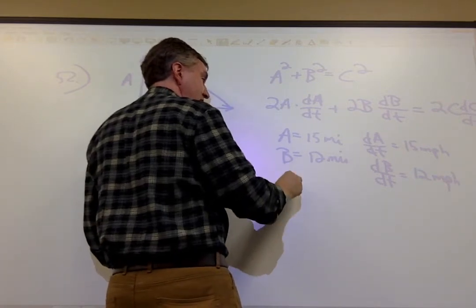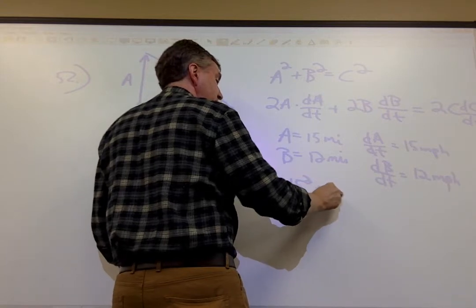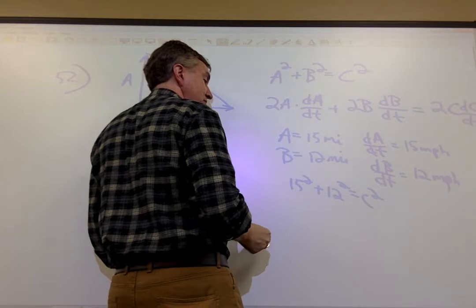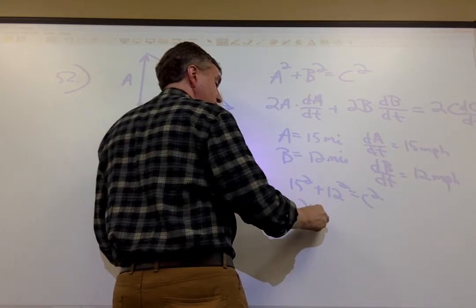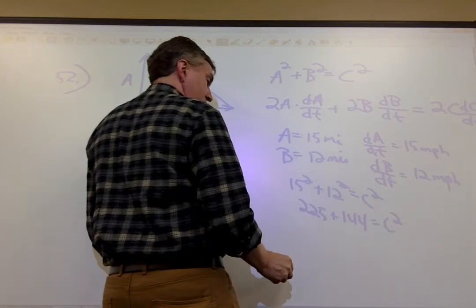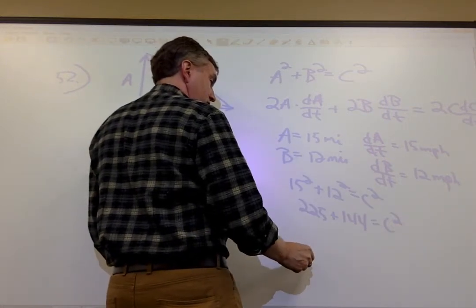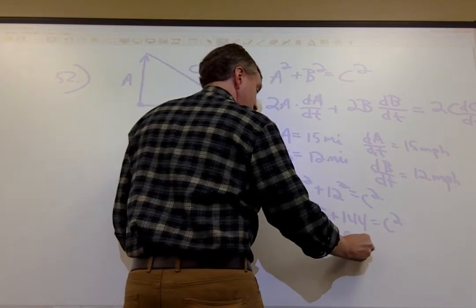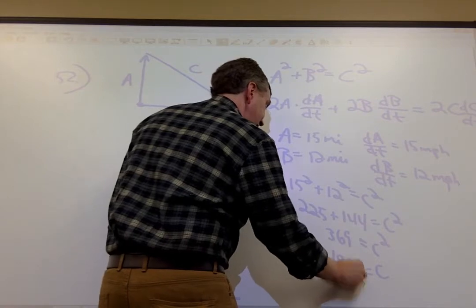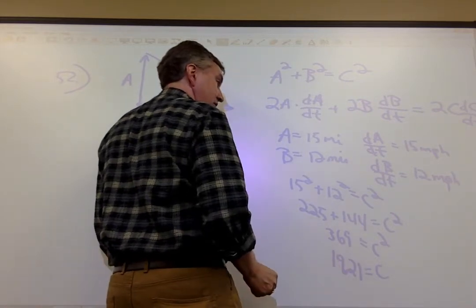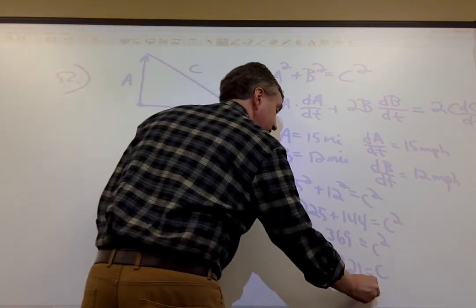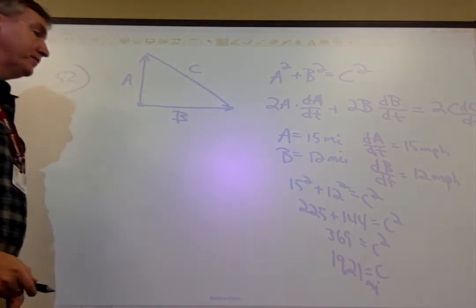So if we said A squared plus B squared equals C squared, I can find what C is. 225 plus 144. 19.21. I like it. Okay. So C is 19.21 miles.